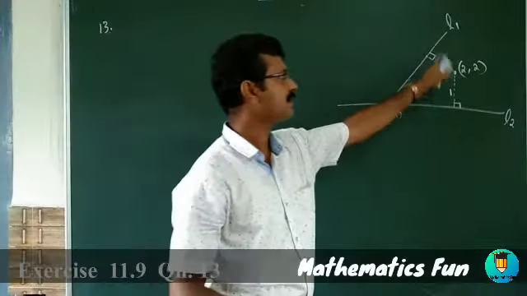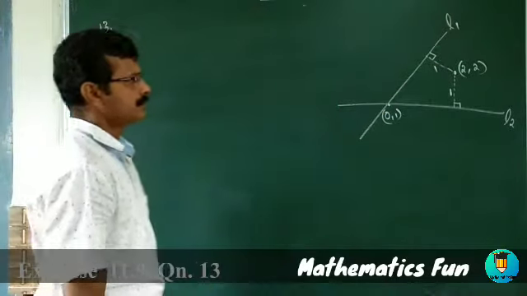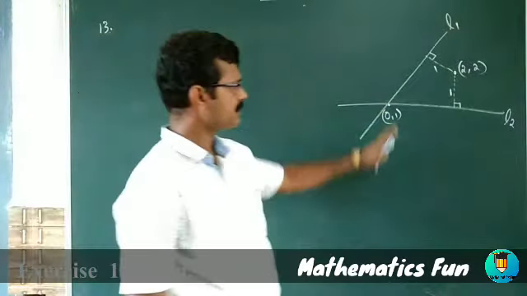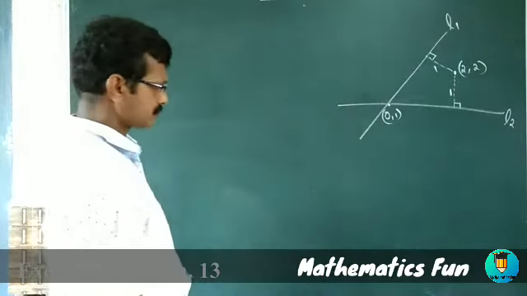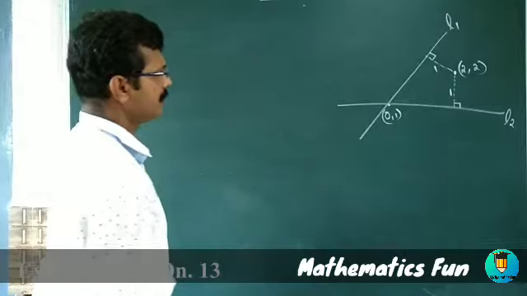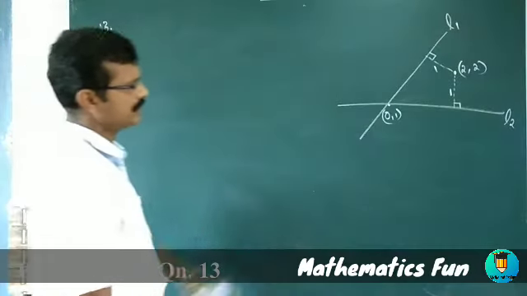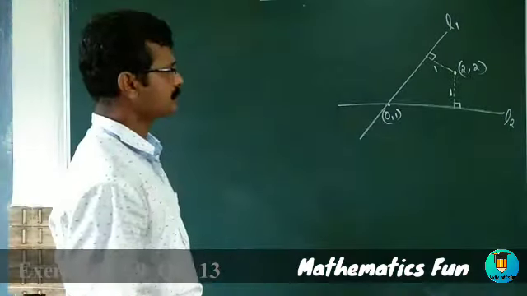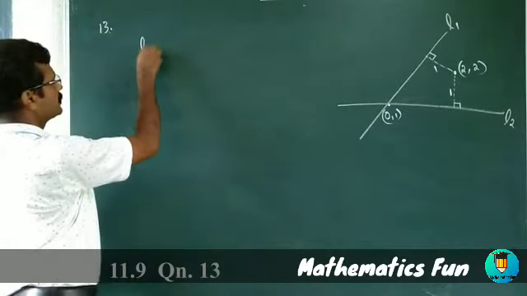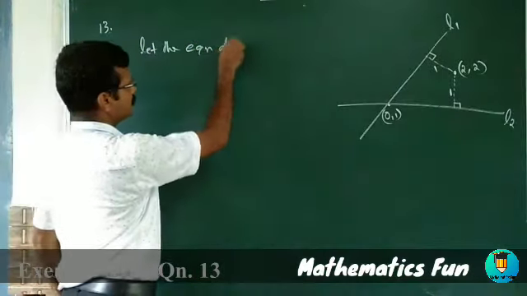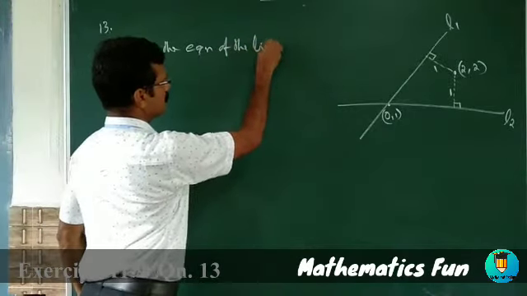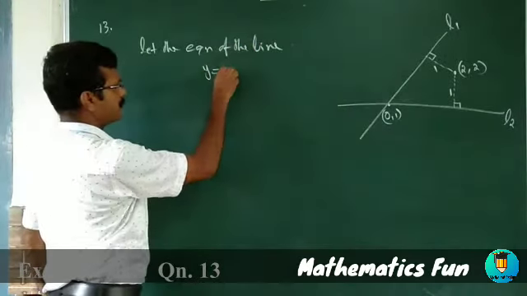So this distance is given as 1 unit, and it passes through 0, 1. So what I am doing is, I am assuming the equation of the line as y is equal to mx plus c.